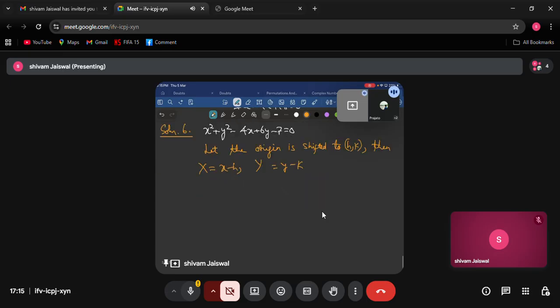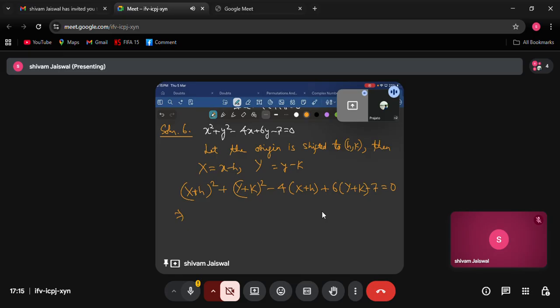We are going to get capital X plus h whole square plus capital Y plus k whole square minus 4 into capital X plus h plus 6 into capital Y plus k minus 7 equal to 0. Right, tell me. So let us see the linear terms. What are the linear terms?